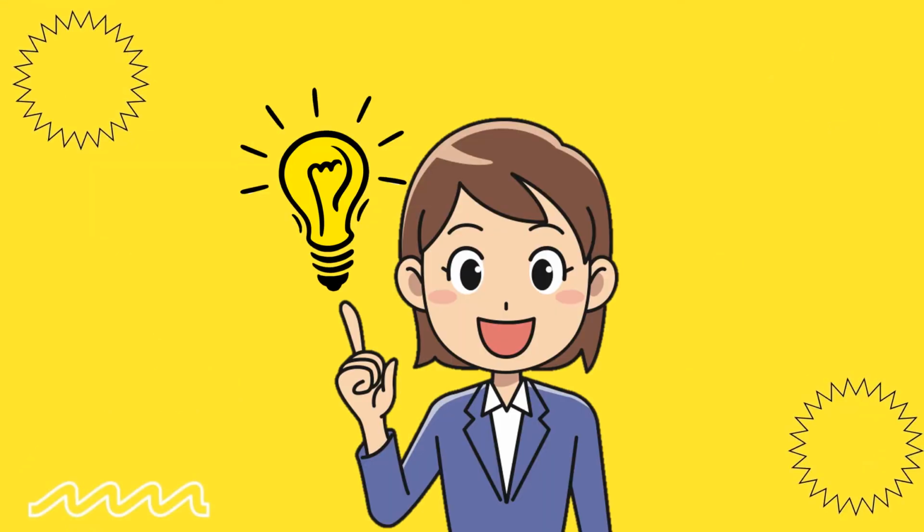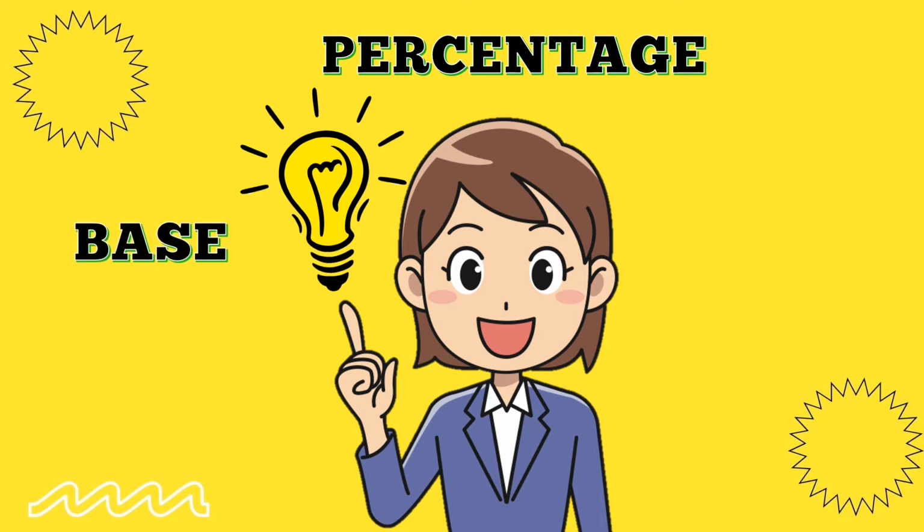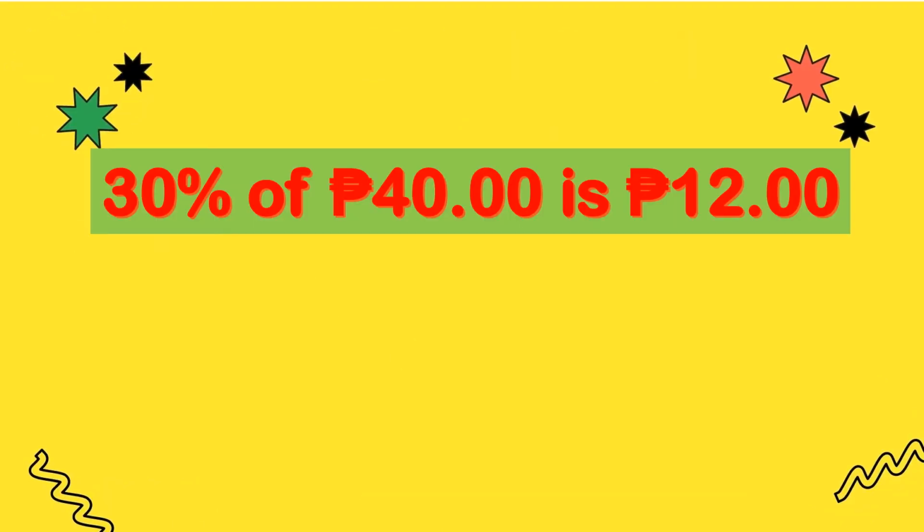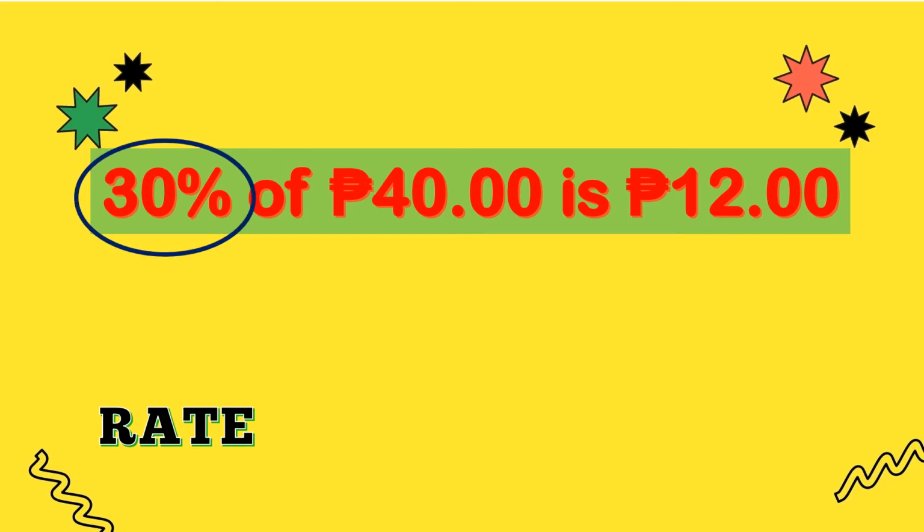There is another way to identify the percentage, base, and rate. Let's go back to our previous example. 30% of 40 pesos is 12 pesos. Let us identify first the rate. The rate is very easy to be recognized since it has the percent sign.